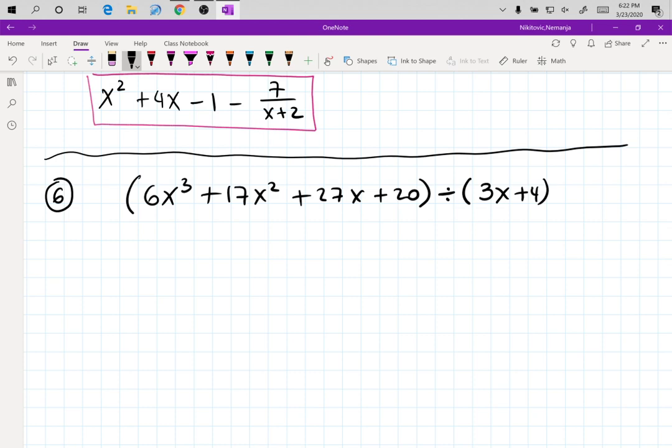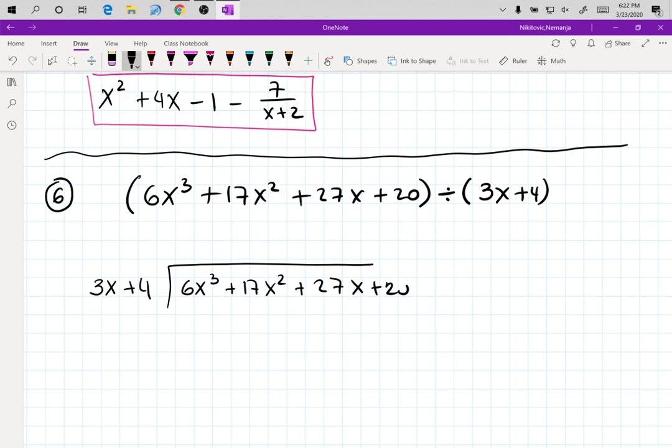And what you do is you put it in a form for division, and then we work the algorithm. So we have our 3x plus 4, and we have our 6x cubed plus 17x squared plus 27x plus 20. Always the same. How many times does this go into that one? You're always looking at the first ones, which we call leading terms, the ones with the highest exponents.